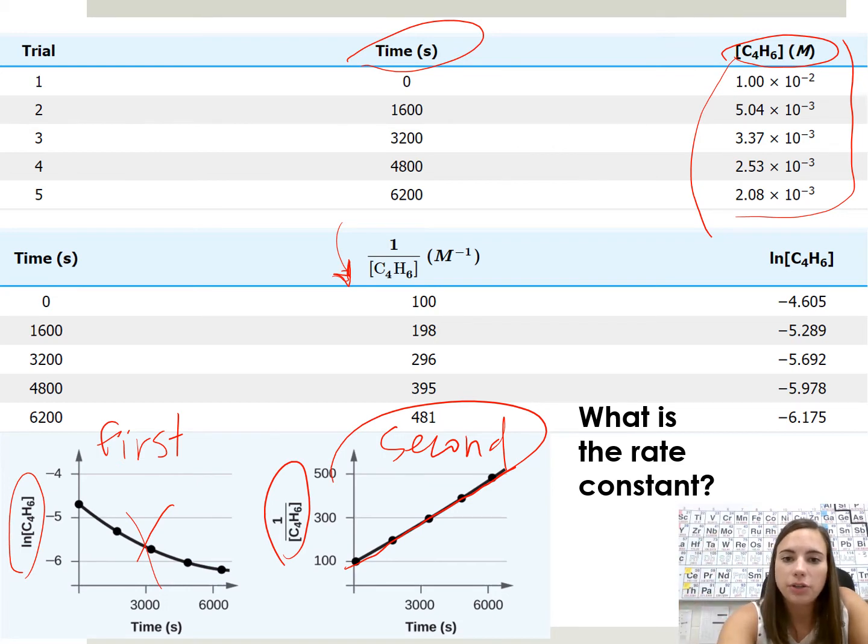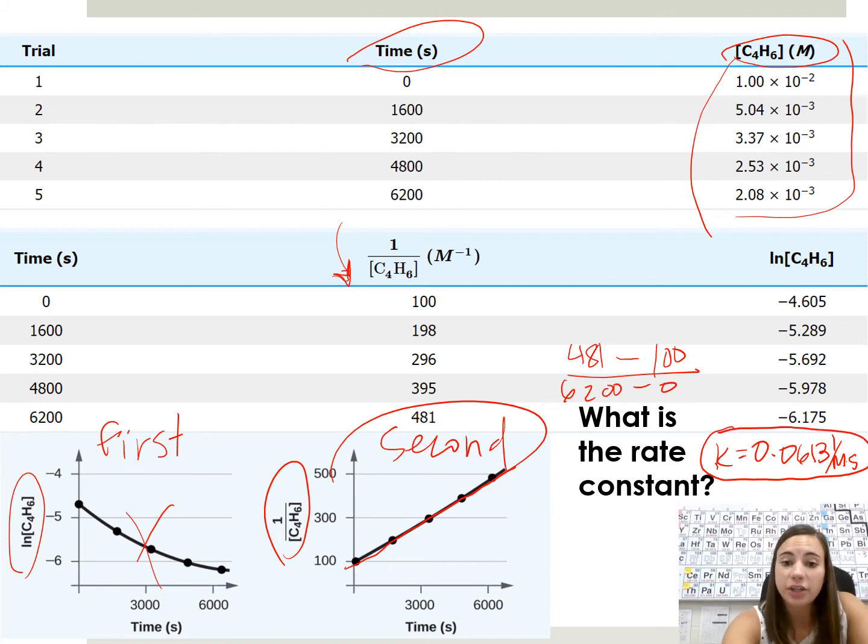So I'm going to do change in y, 481 minus 100 over my change in x, so 6200 minus 0. And I get that k equals 0.0613, 1 over molarity seconds, because that's my unit for a second order reaction.